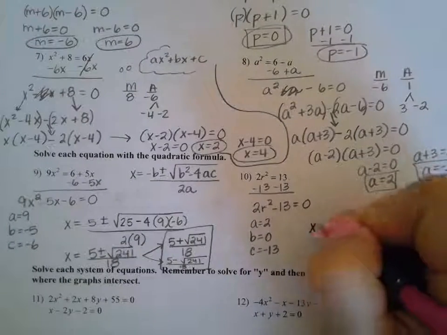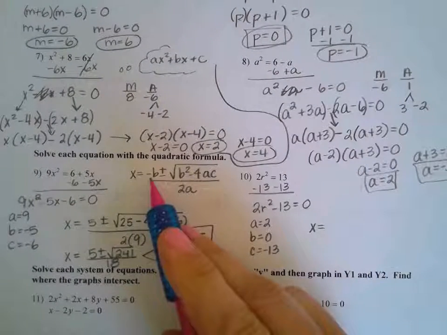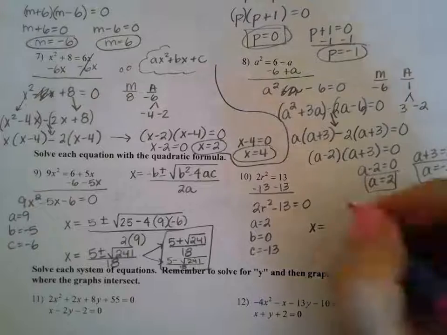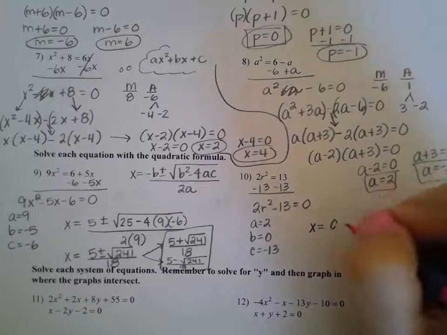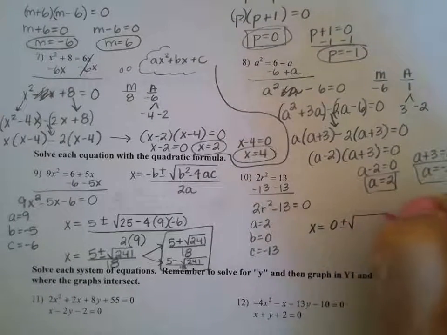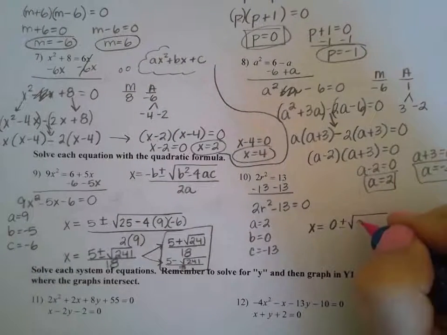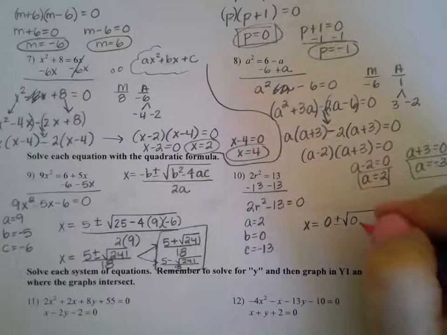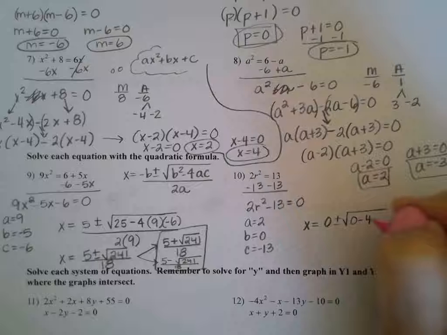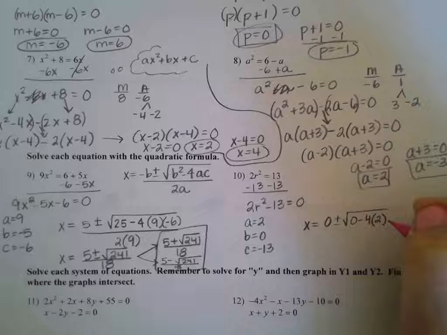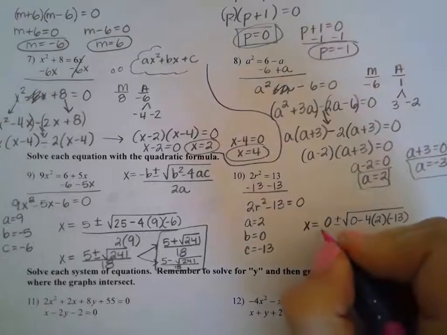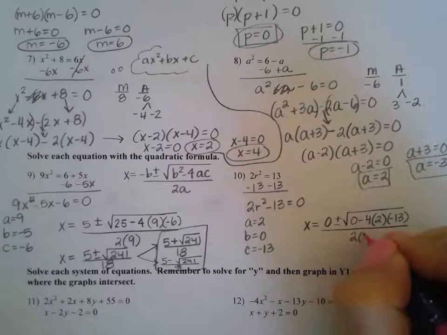So x equals negative b, so negative 0, still 0, plus or minus the square root of b squared, so 0 squared is 0, minus 4 times 2 times negative 13, all over 2 times 2.